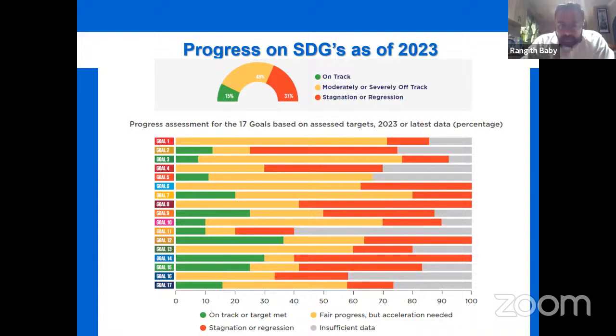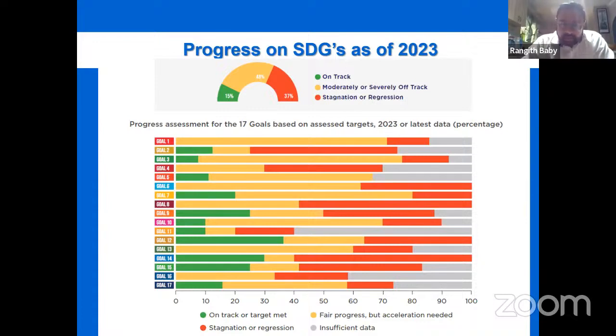Very few of these goals have a green bar exceeding the yellow or the red bar, which means that for the majority of the 17 goals, we are in fact struggling to move forward.